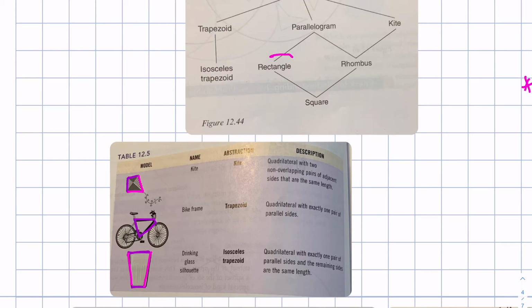So if we have a parallelogram, we could say that it has four right angles, and so it's a rectangle. Or we could say that all of its sides have to be the same length, right?